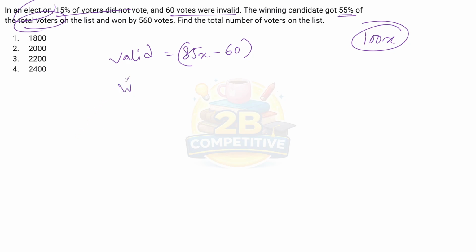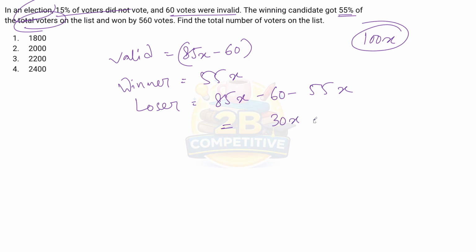That means the winner got 55x votes. So what will the loser get? The loser will get 85x minus 60 minus 55x. We don't calculate this from the total votes because some of those votes are invalid, right? We need to calculate the winner and loser votes from the valid votes. So the loser gets 30x minus 60.